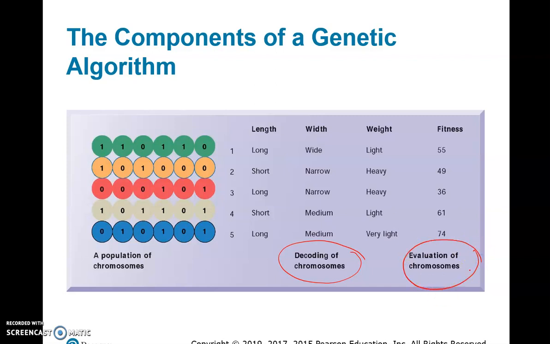So for instance, if you have length, width, and weight, you can say what is the fitness ratio of this length, width, and weight. So you can use these as a training method. For instance, if I have a sequence that is written for long, wide, and light, and with the fitness of 55, I use this sequence.